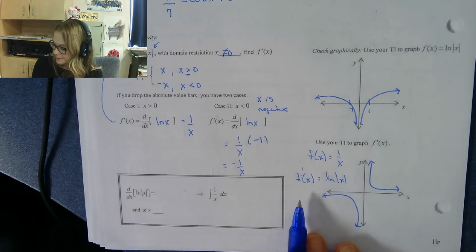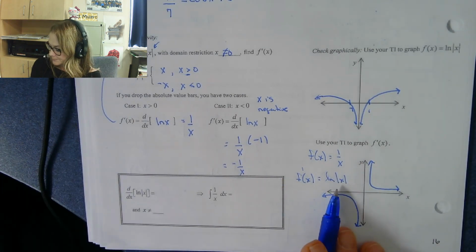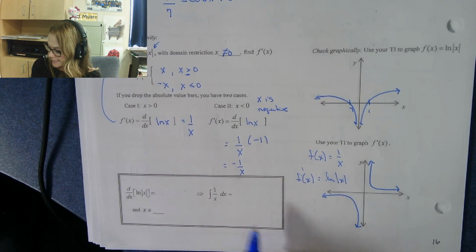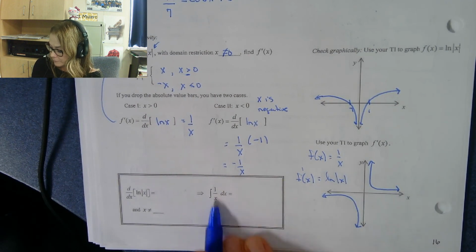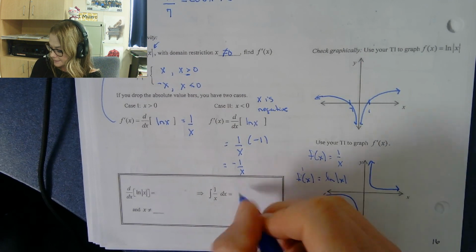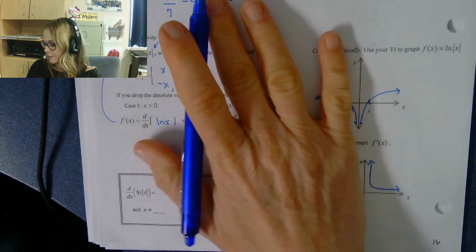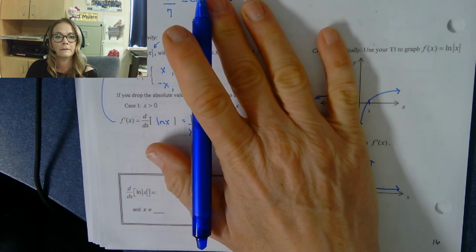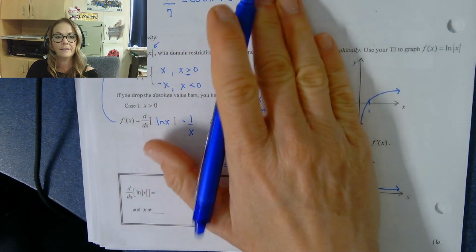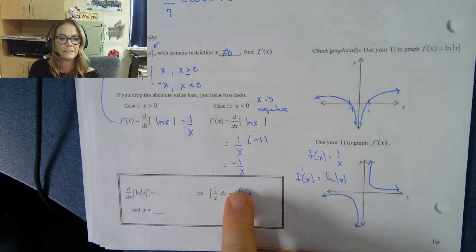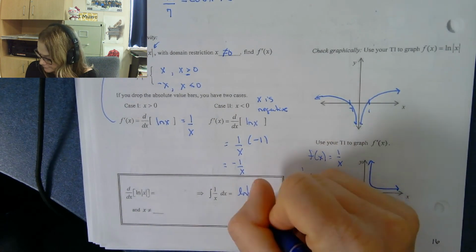Same graph. So when I am taking the antiderivative of 1 over x, I can't just say ln of x, because the ln of x is just this graph right here, and this graph does not translate to this graph. This graph translates to this graph. So we have to do the ln of absolute value.